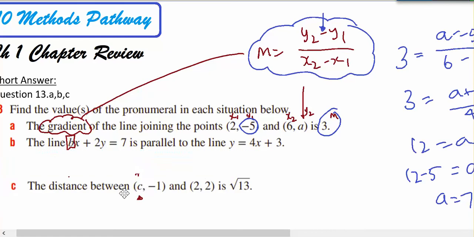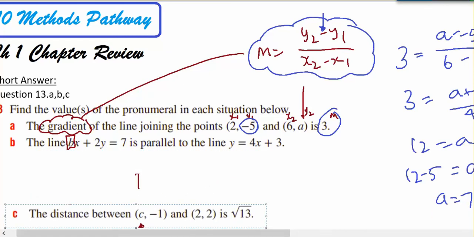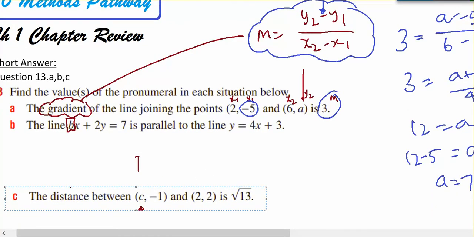Okay, in B's case, we have the equation of one line and the equation of another line. So that's the equation of one line, that's the equation of another line, and I want to know the value of b.